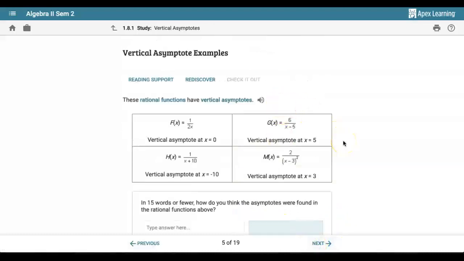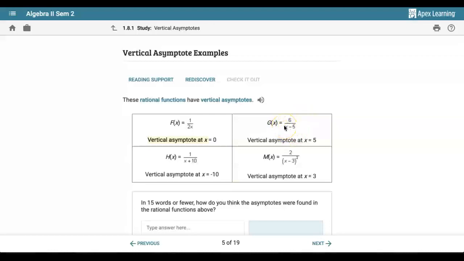Then we can look here at other rational functions. Obviously here we're looking for where the denominator equals 0. What value of x would make the denominator equal to 0? First off, 2x on the bottom: if x is equal to 0, that's going to make that function undefined. But over here, x minus 5: clearly in order to make that denominator equal to 0, x would have to be equal to 5.